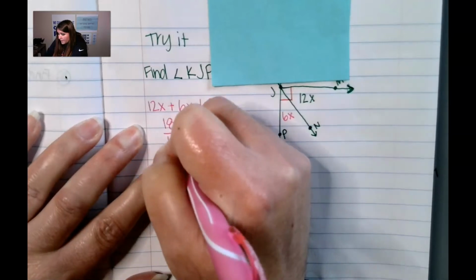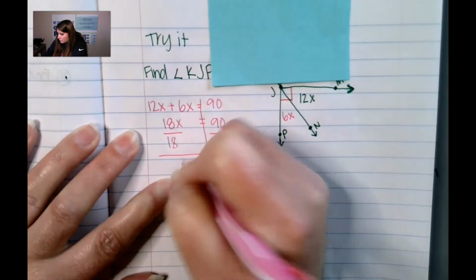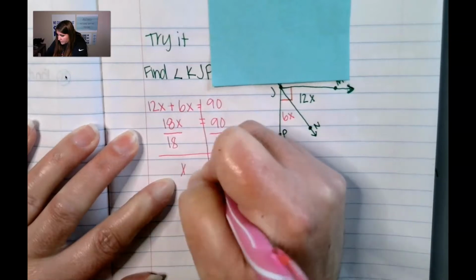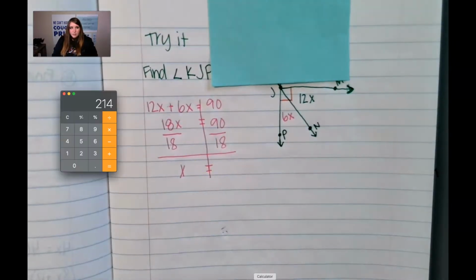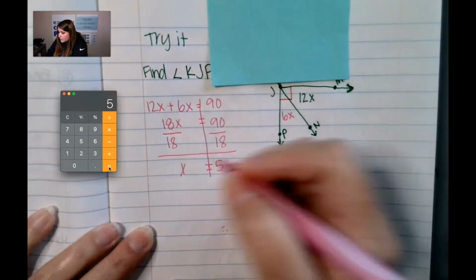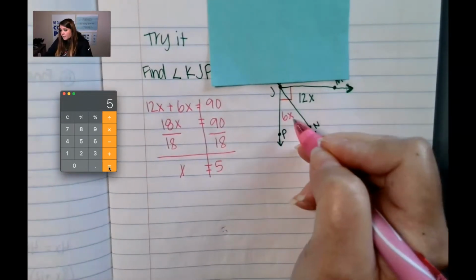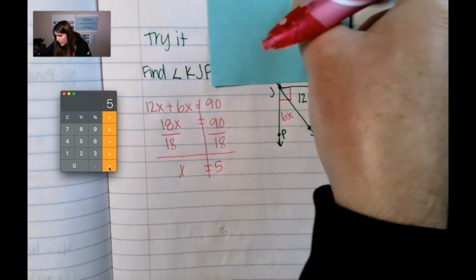I'm going to divide by 18 and divide by 18, and x equals, so let's go ahead and plug that into my calculator. So I have 90 divided by 18, and that gives me 5. So x equals 5. So now wherever I see an x, I can go ahead and solve for 5.